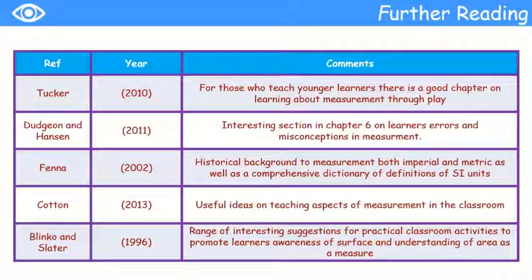And here we see some further reading. As you can see, Tucker and Cotton being some of the most recent, but obviously the work of Blincoln, Slater and Fenner, especially Fenner with the historical background to measurement of empirical and metric, is a comprehensive work as well.